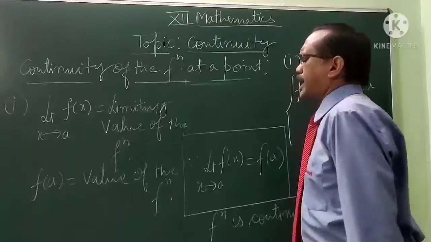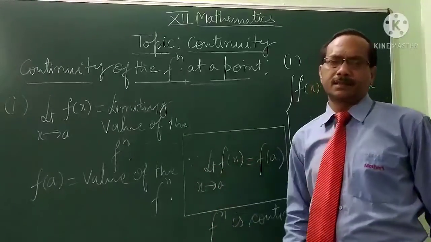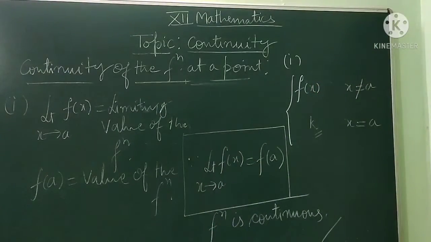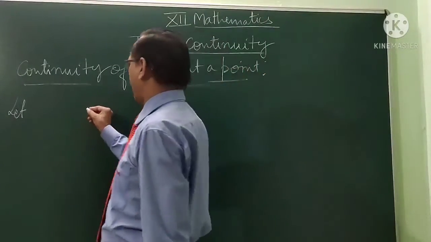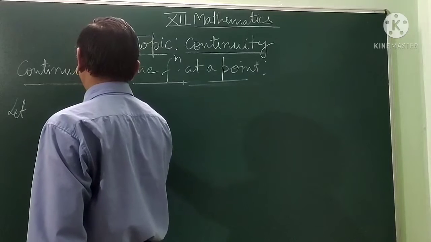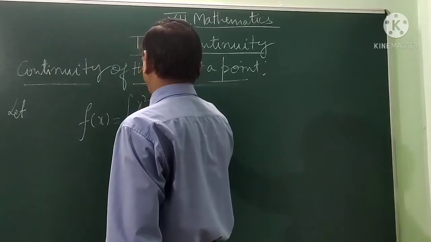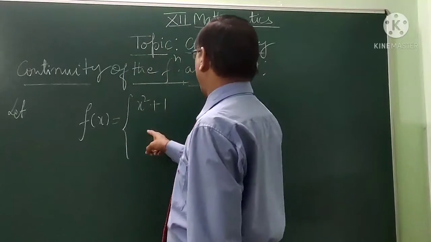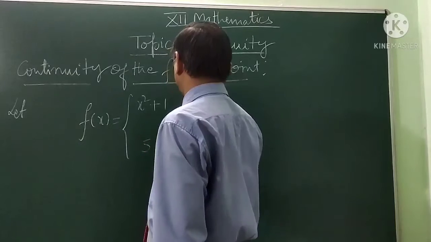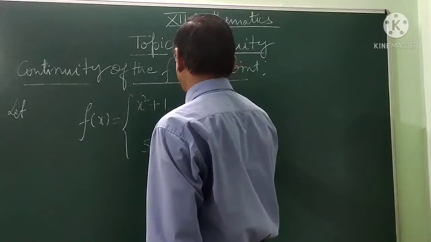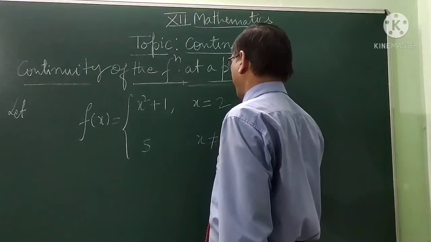Now we will see an example related to this. Student, let there be a function f(x) which is x square plus 1 when x is not equal to 2, and 5 when x equal to 2.